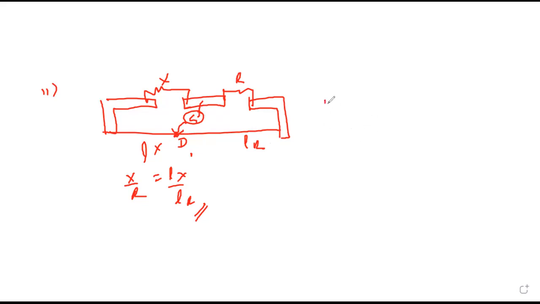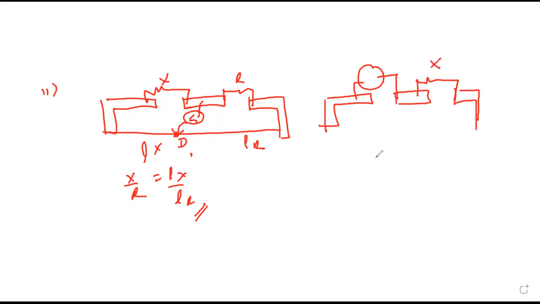One more method we can use, which we have not done because it was not there, but they have asked. So galvanometer, when you place here and then try to find this null point X, or balance point. In that case, we don't connect anything. Without galvanometer, this wire is first kept untouched. If it is untouched, current will flow from this without going anywhere through this. Then they touch this.